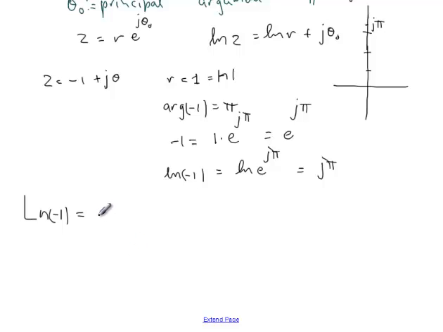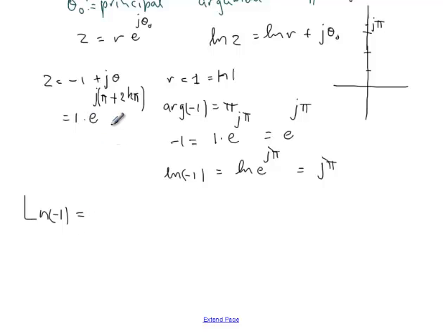So, which means -1 will be the same as 1 e to the j brackets pi plus 2k pi. You agree with that, isn't it? Do you agree?